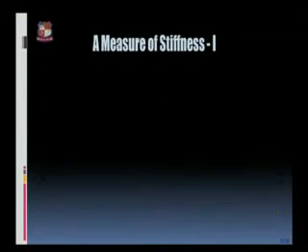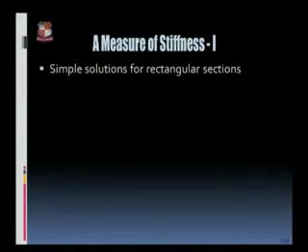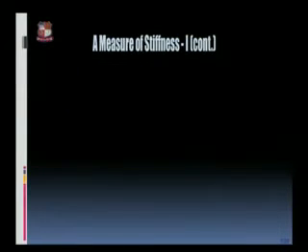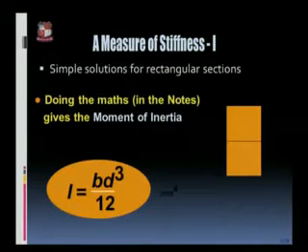Okay, so as a measure of stiffness, we will first calculate the section modulus for a rectangular shape. Okay, we have got a rectangular shape. The moment of inertia for a rectangular shape is I, that is equal to BD cube by 12.